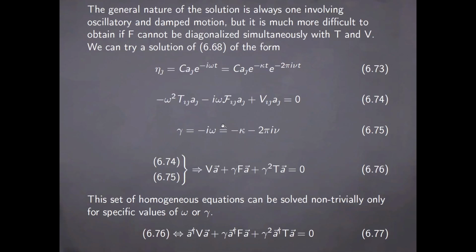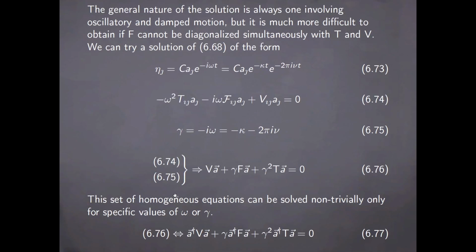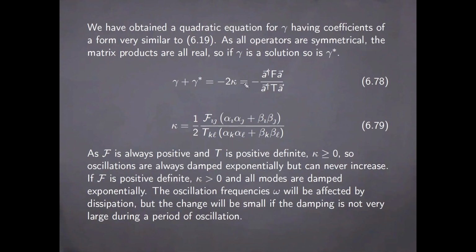And then their sum, based on the definition here, is just minus 2 times kappa, which according to the equation here becomes this ratio. So then if we expand the eigenvector A in real and imaginary parts, we can solve for kappa to obtain the expressions here.